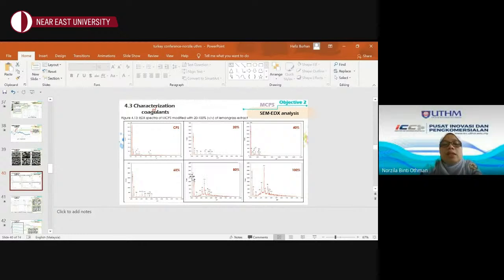Okay, look at the SEM EDX for CPS for 20%, 40%, 60%, and finally 100%. EDX spectra of modified lemongrass show that the lemongrass had its own ability in removing the pollutant in the water.